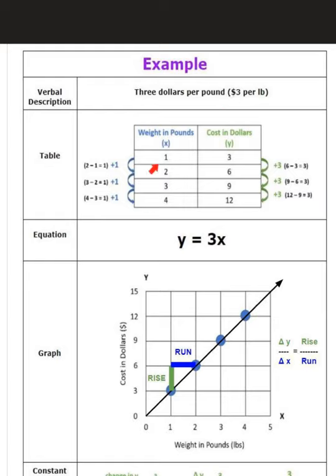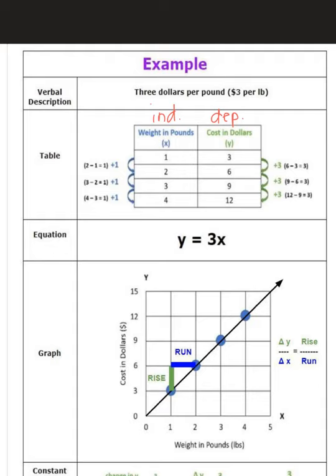You have different weights here, 1, 2, 3, 4, and the cost in dollars. The cost is your dependent, because the cost depends on the weight that you buy. So the x is your independent value, the y is your dependent.